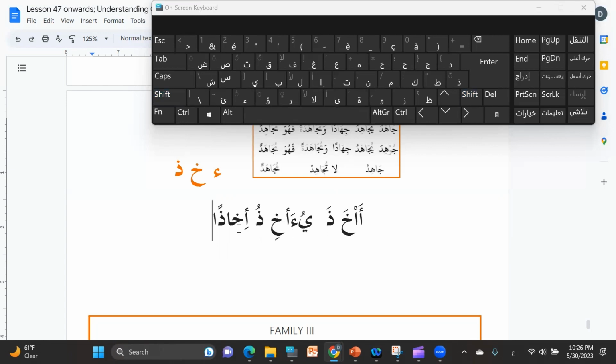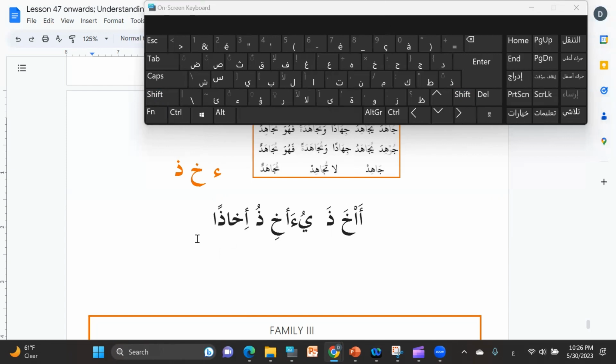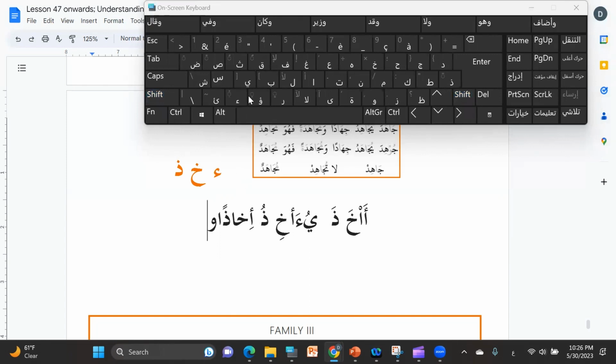So ikhazan, right? Jihadan, ikhazan, wa mufa'alatun, mujahadatun.